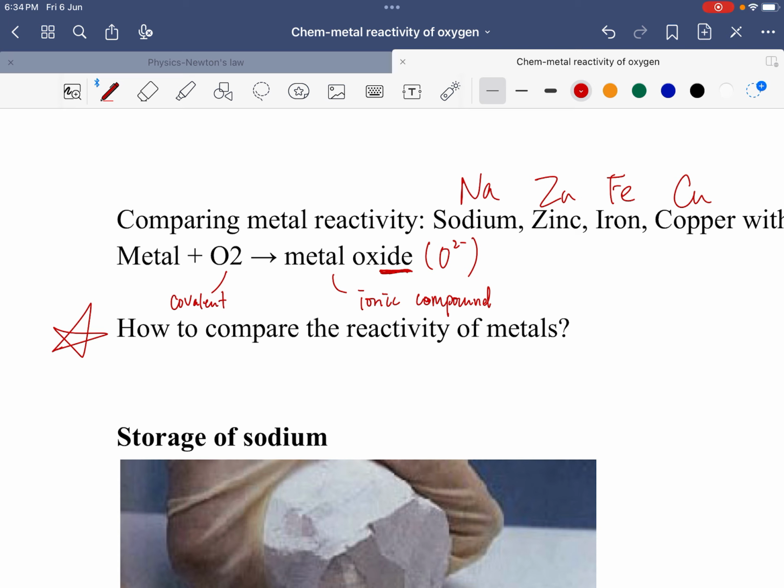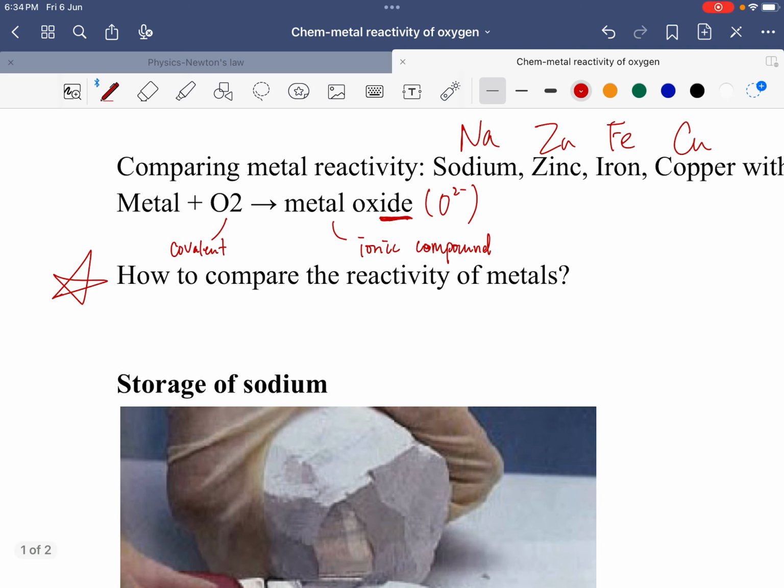I hope that in school your teacher has taught you some experimental methods to compare the reactivity of metals. So in this lesson, I hope I can give you more explanation to understand the principle of the experiments your teachers have taught in school.